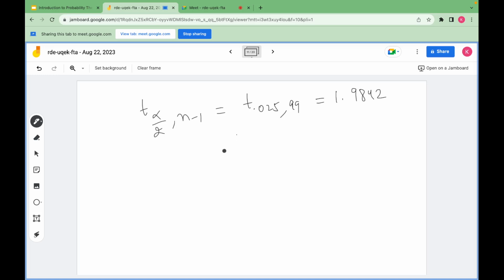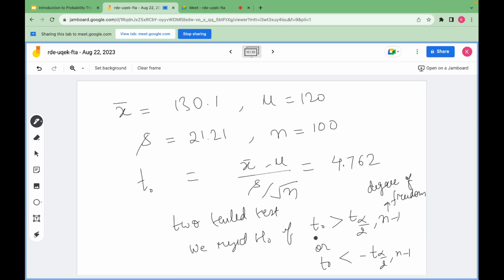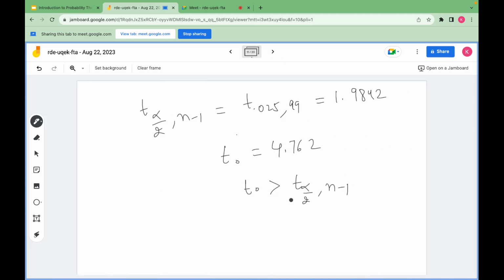So our t naught, which was 4.762, is greater than t alpha by 2 comma n minus 1. So here we saw if t naught is greater than t alpha by 2 comma n minus 1, we reject H naught. So as this is greater, we reject the null hypothesis.